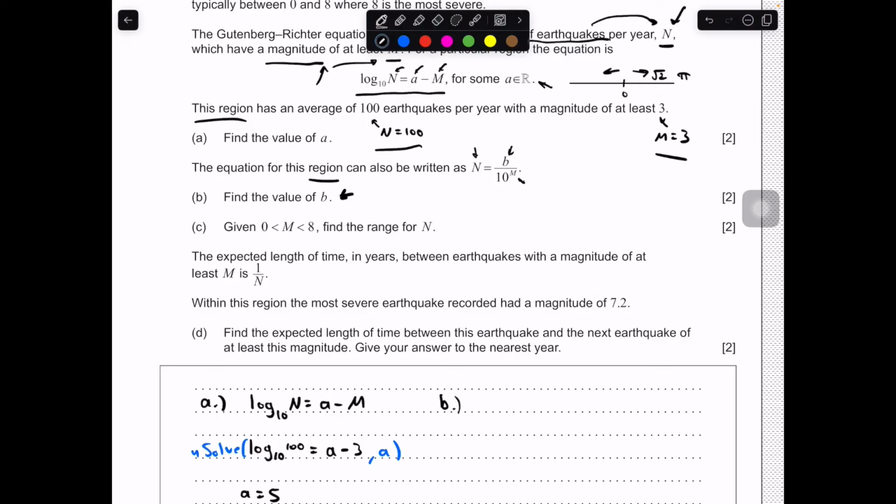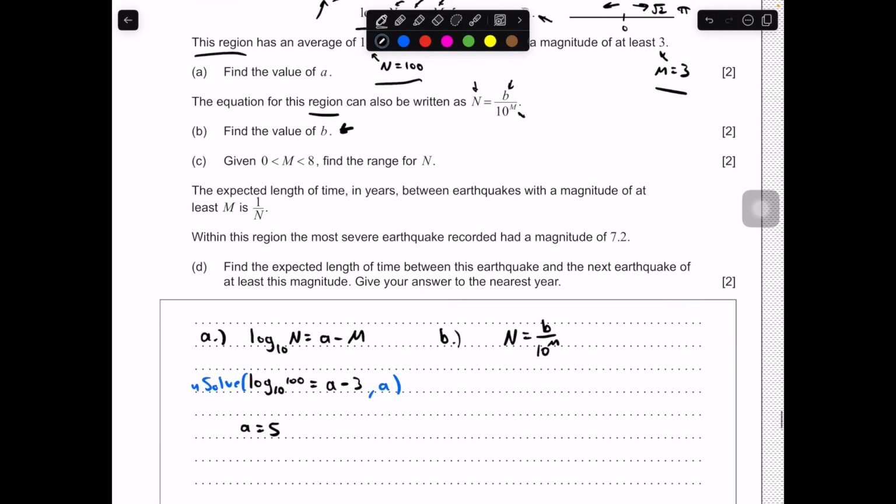So let's write that equation out. n is equal to b over 10 to the power of m, and n we said was equal to 100, b we don't know, and m was equal to 3. And in this case, once again, we can solve for b.